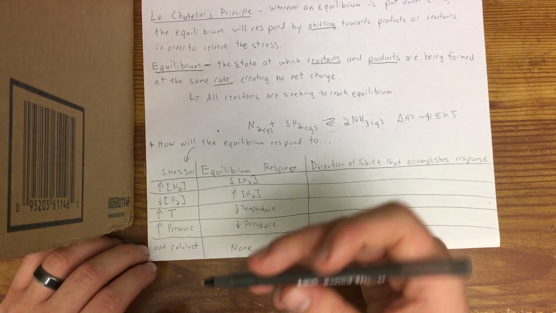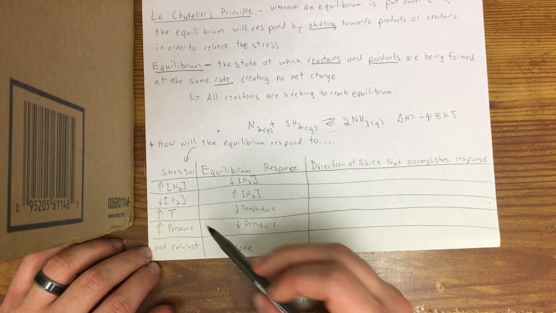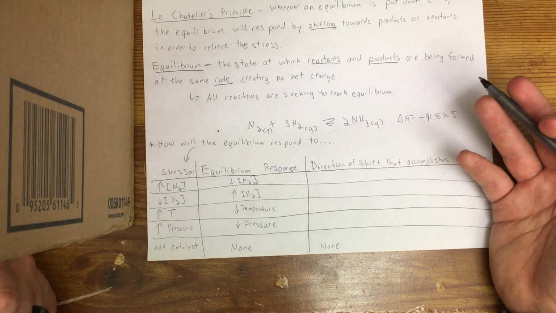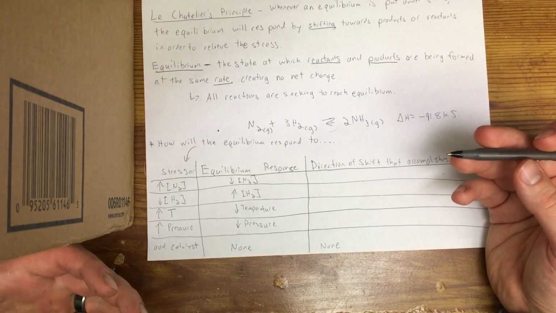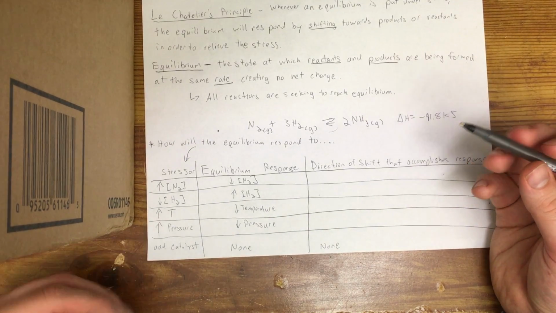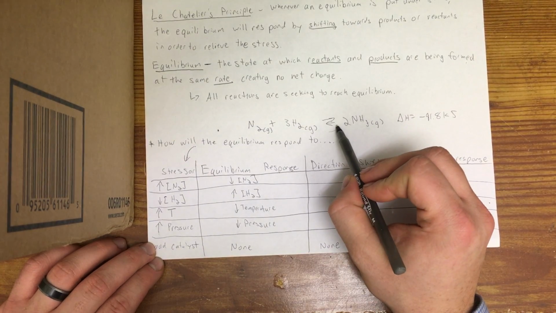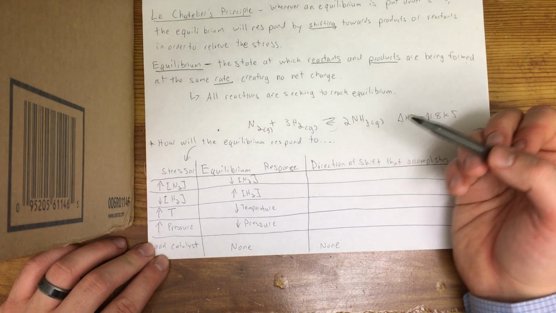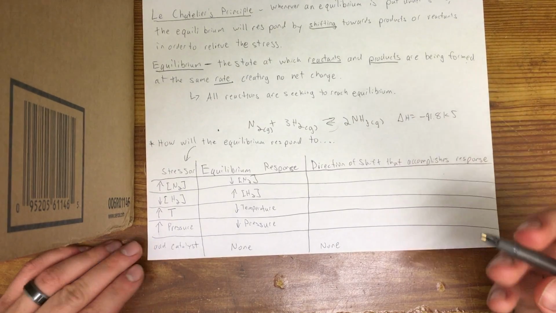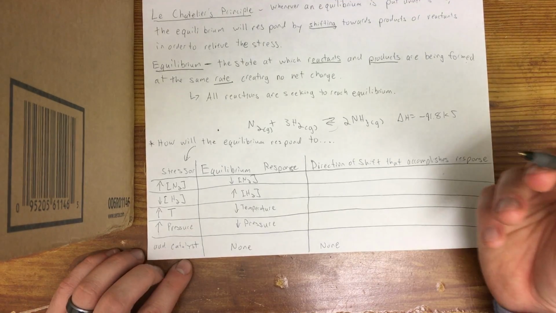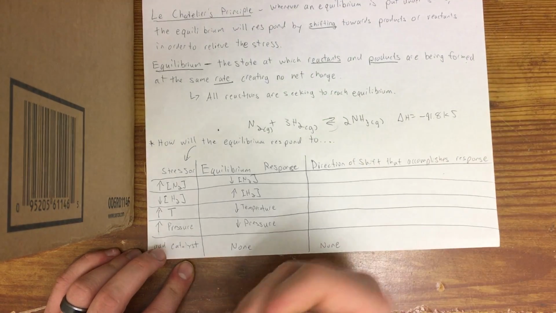And the way that I have broken this down is by making this sort of table, which you can feel free to use on your exam tomorrow, but it just kind of summarizes the thought process very concisely. So we're going to start with the assumption that this is at equilibrium, and then we're going to put a stress on the equilibrium and figure out what happens.